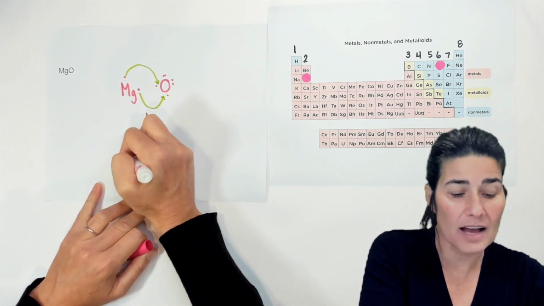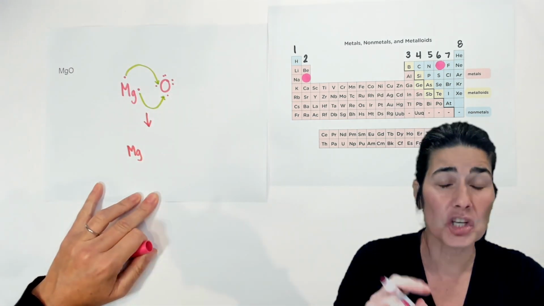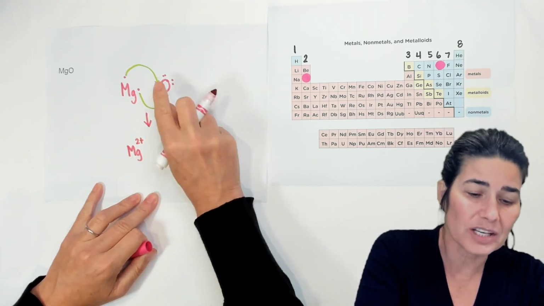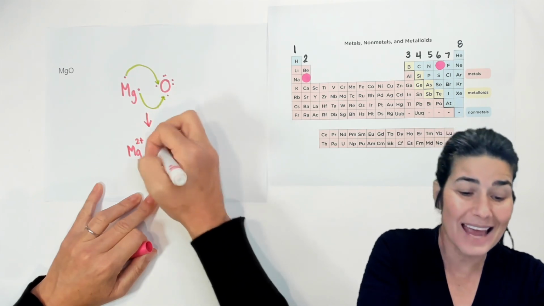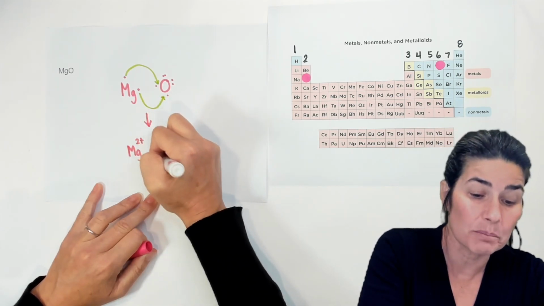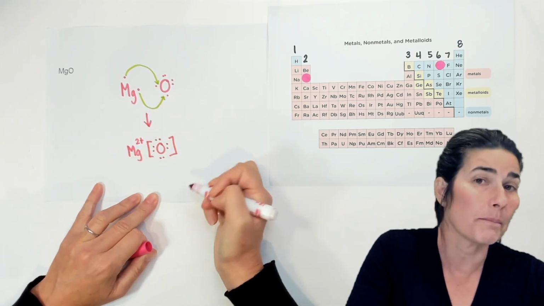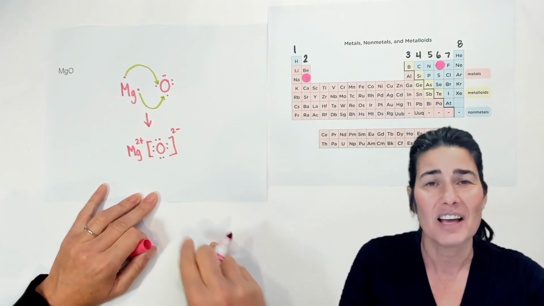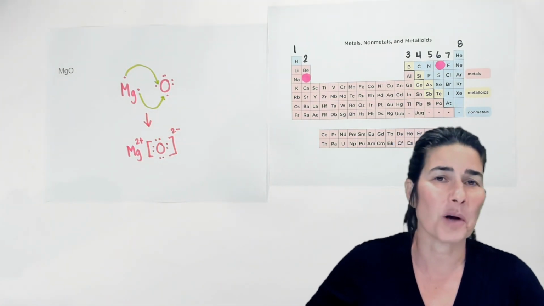Magnesium has lost not 1 negative to become positive, but it lost 2 negatives to become positive 2. Oxygen has gained 1 negative and another negative. It becomes -2, and it has a complete octet around it. I'm going to show that with brackets saying these all belong to oxygen and a 2-. A +2 balances a 2-, and we have magnesium oxide.